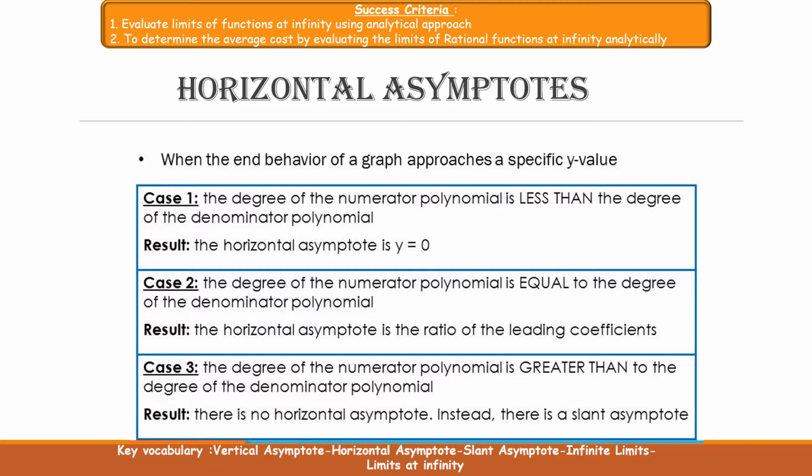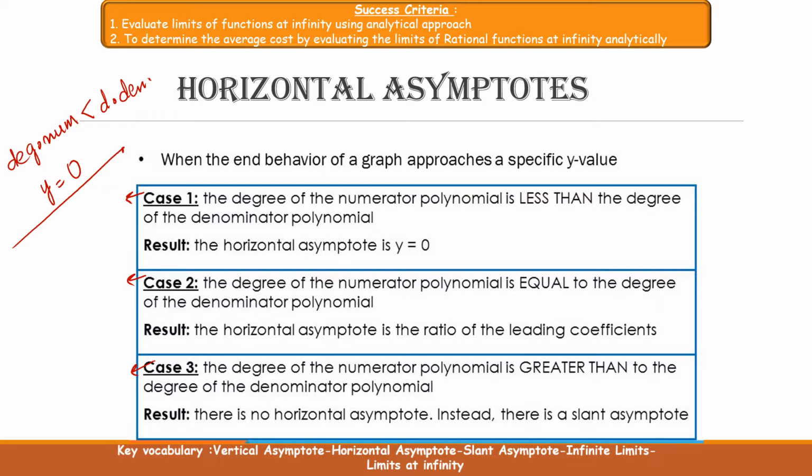If you remember, algebraically we have studied horizontal asymptotes and three different cases. According to the first case, if the degree of the numerator is less than the degree of the denominator, then y will be equal to 0.